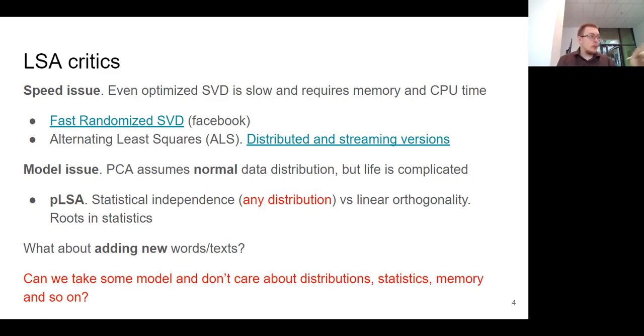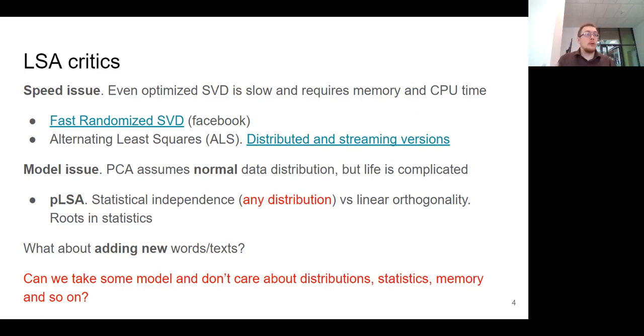And I will definitely share it with you in the chat after the lecture, just remind me. So for a sparse matrix, decomposition is unstable. Adding a new text or a new word can significantly disturb things, and you need to recompute the representation. And that's the problem with this method.